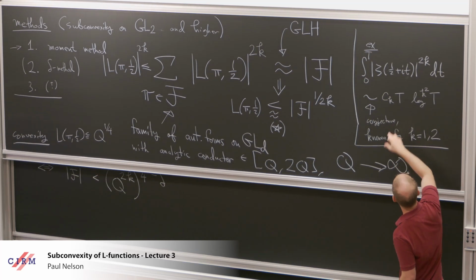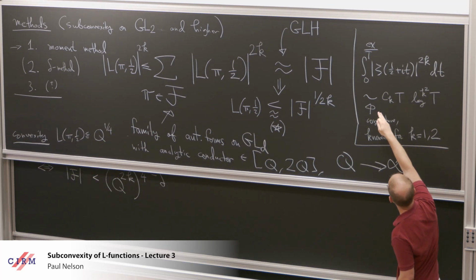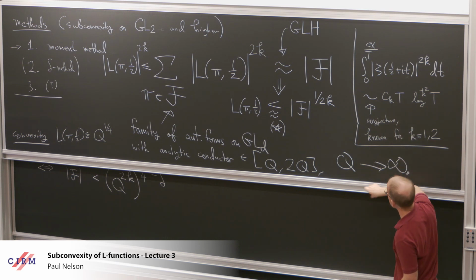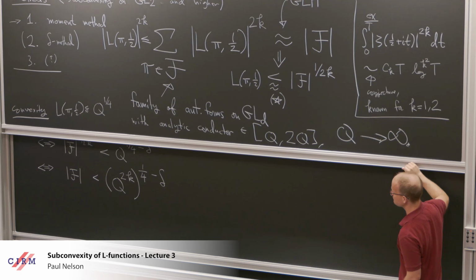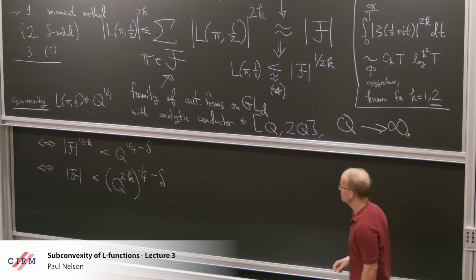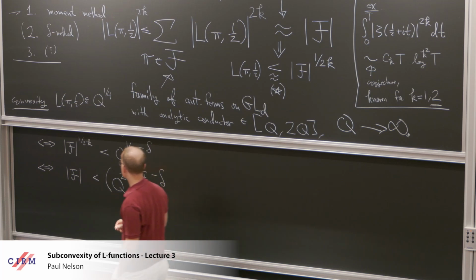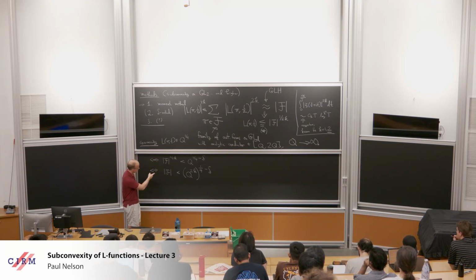And so the fourth root of the conductor will exceed the family size exactly in the two cases indicated here. This case here is right on the edge, meaning you just barely fail to beat this bound that you'd like.